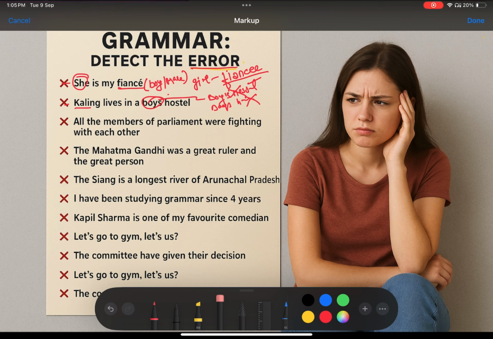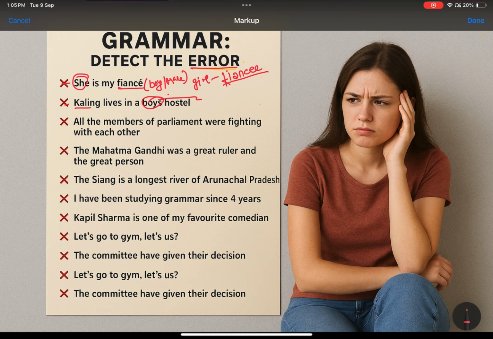So it has to be boys' hostel. This is the correct grammatical use for showing these types of words. Now this will be grammatically correct because it shows possessiveness.